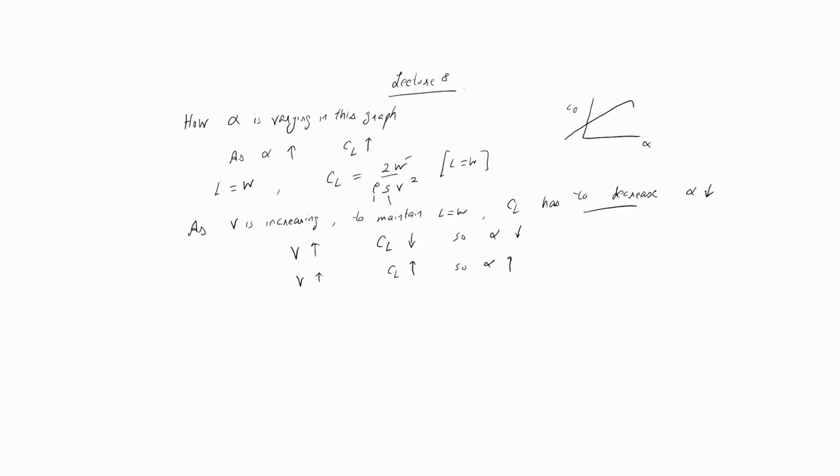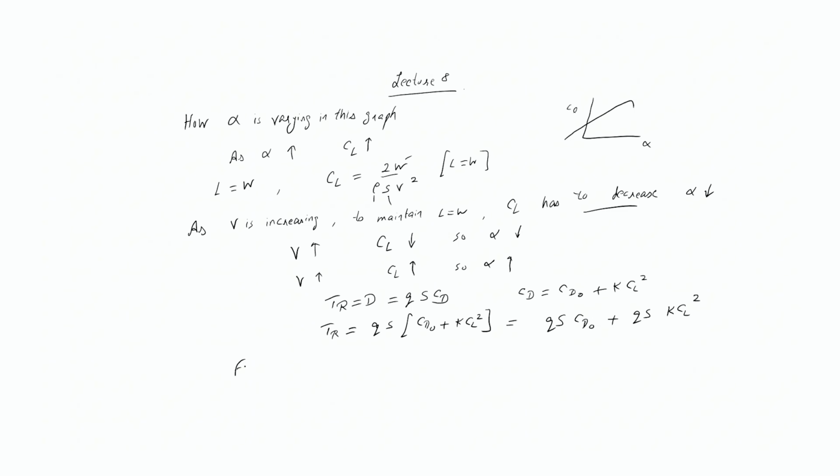Now we know that thrust required equals drag, that is, QS CD. Now what is CD? CD equals CD naught plus K CL square. So thrust required we can easily write as QS times CD naught plus K CL square. Opening the brackets, QS CD naught plus QS K CL square.